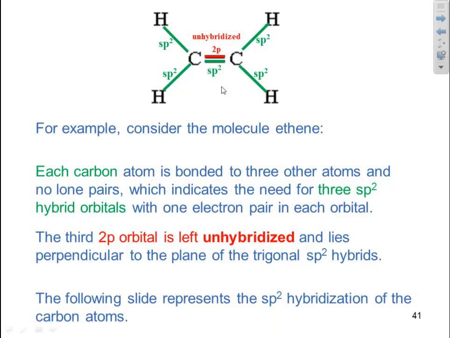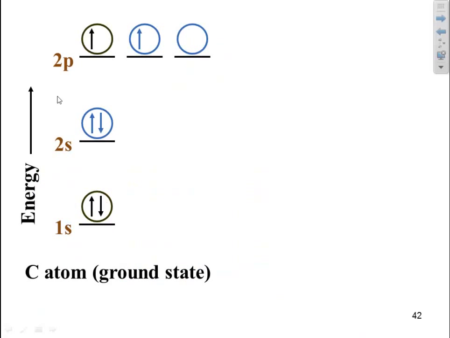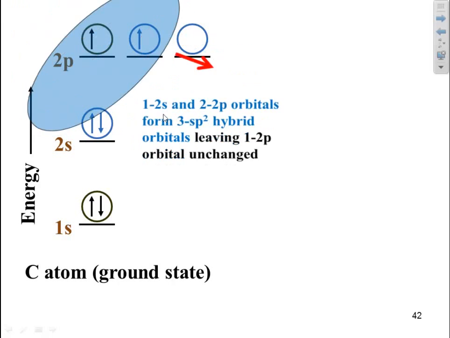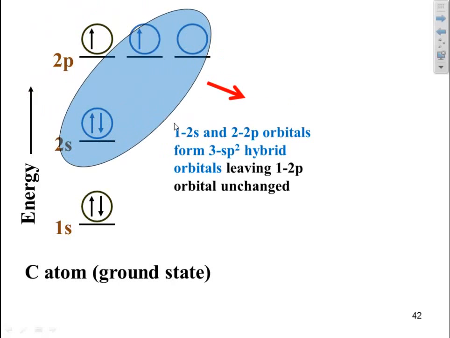The following slide represents the sp2 hybridization of the carbon atoms. So what you have is your ground state. You have 2 electrons in the 2s, and you have 1 electron in 2 of the 2p orbitals. What's going to happen? It's going to get excited, and this 1 electron is going to move up to the 2p. So you're going to have 1 2s and 2 2p orbitals form 3 sp2 hybrid orbitals, leaving 1 2p orbital unchanged.